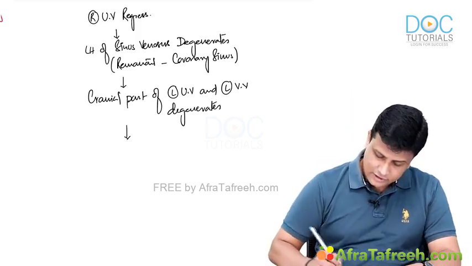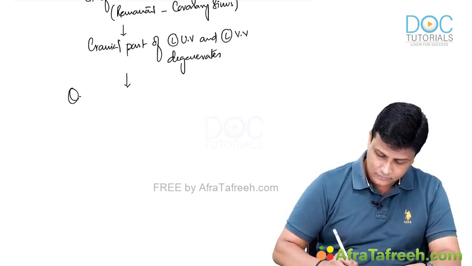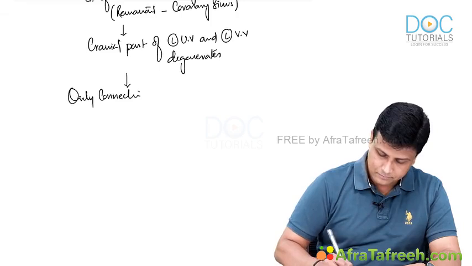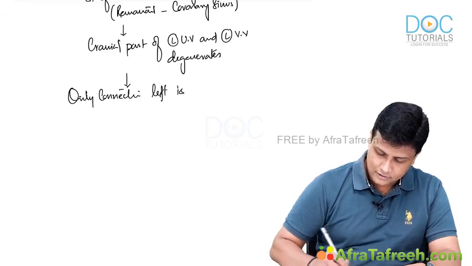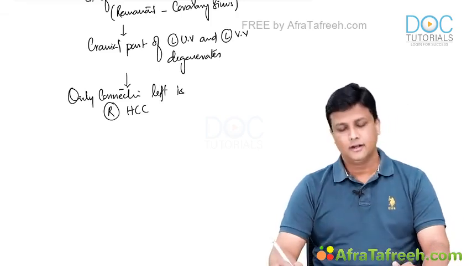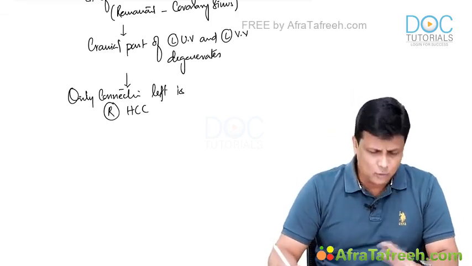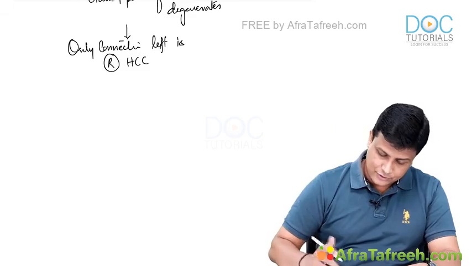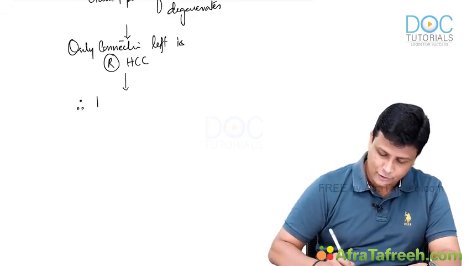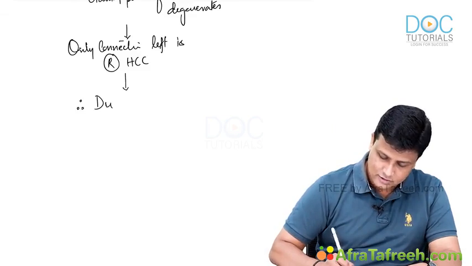Then what is the only connection which is left now? The only connection that is left now is the right hepatocardiac channel. So what you have to do right now is form the ductus venosus.